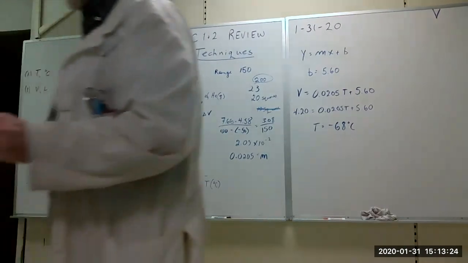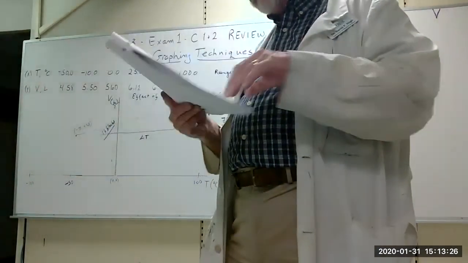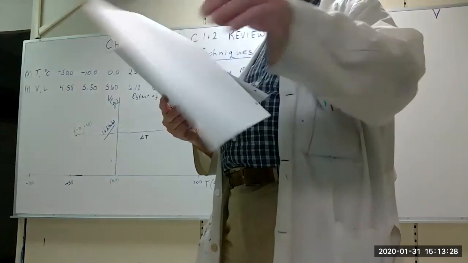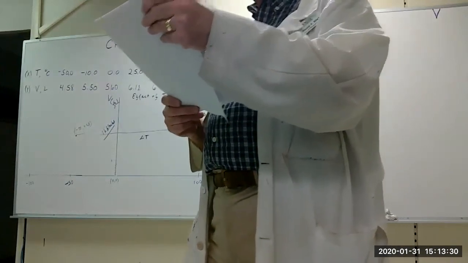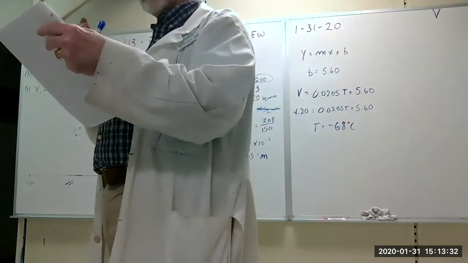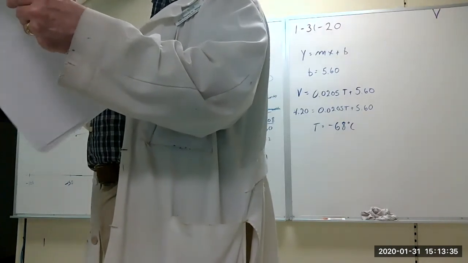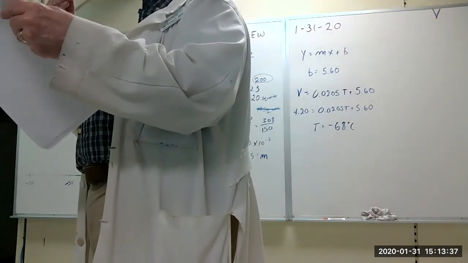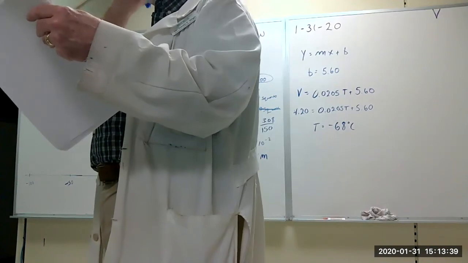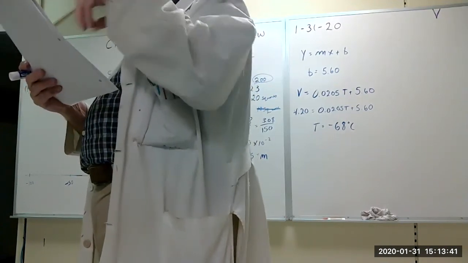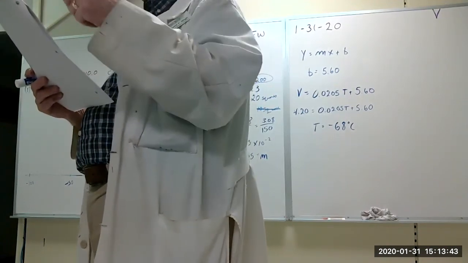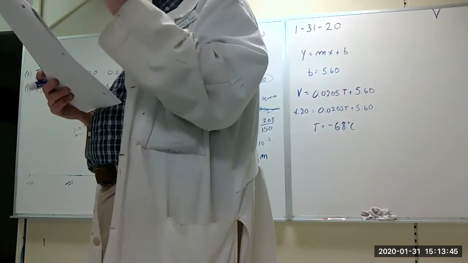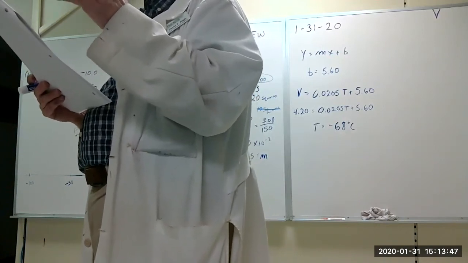Okay, that covers volume and temperature. The next page, we're going to plot pressure against volume. So it says the temperature of a 32.1 gram sample of methane was held constant at 298 K. That's important.